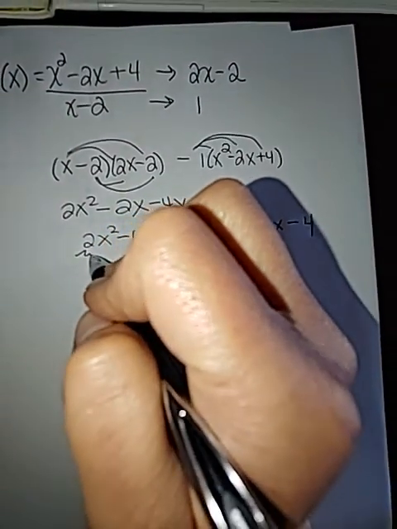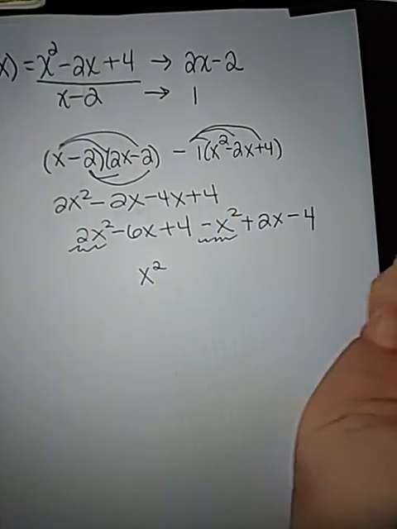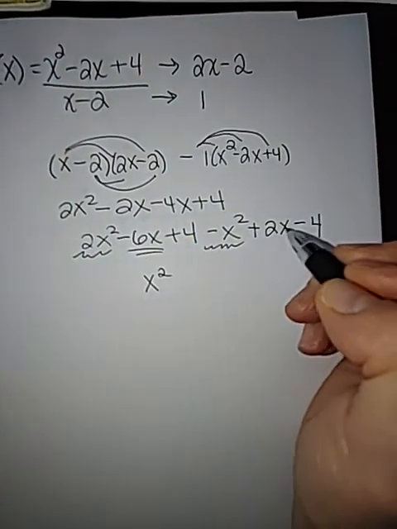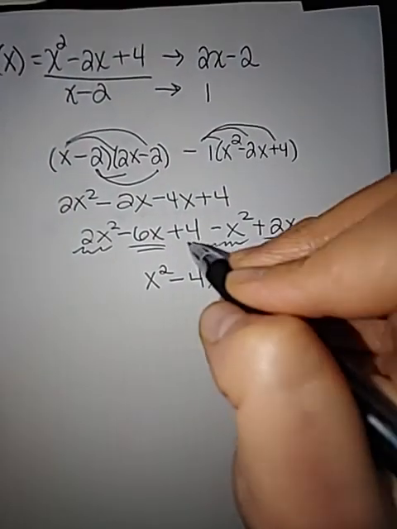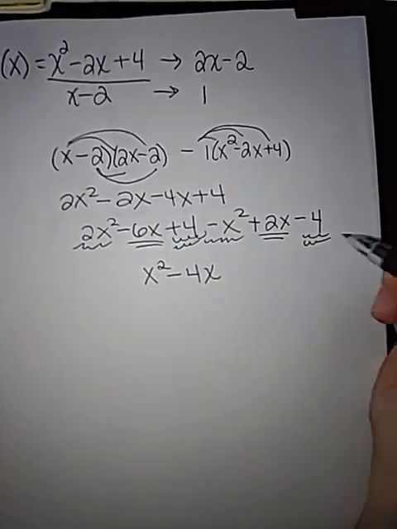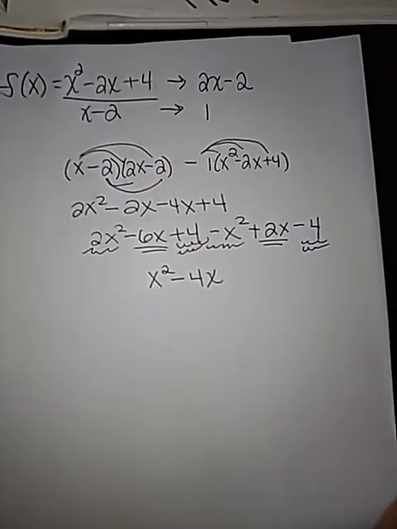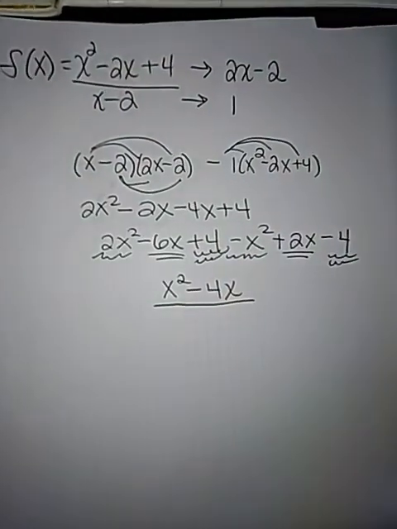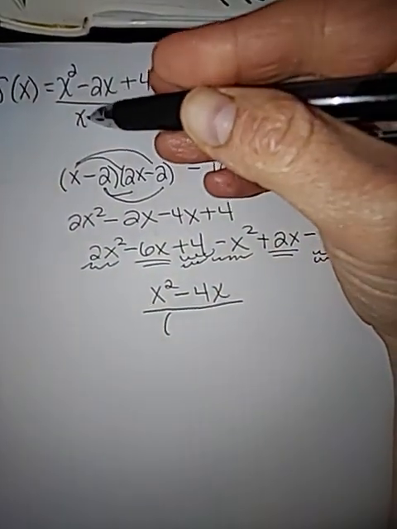Okay, so I have 2x squared and negative 1x squared, so that makes x squared. Negative 6x and 2x makes minus 4x. And 4 and negative 4 makes 0. So the top is x squared minus 4x, and the bottom is g squared. G is x minus 2.